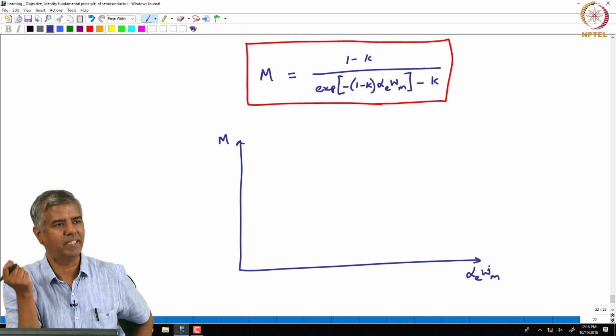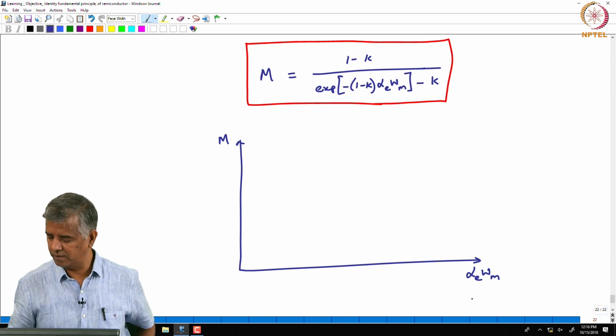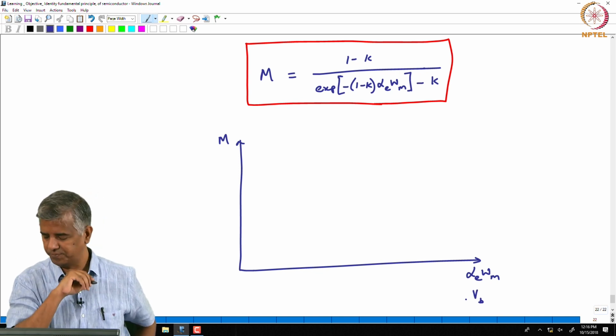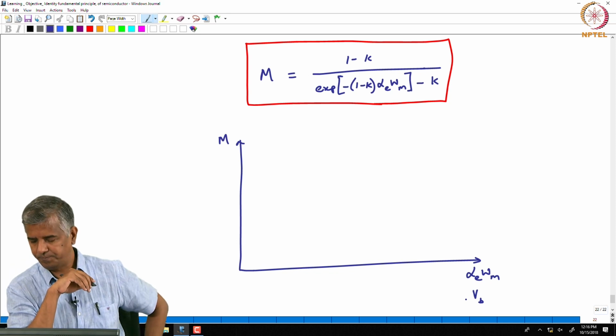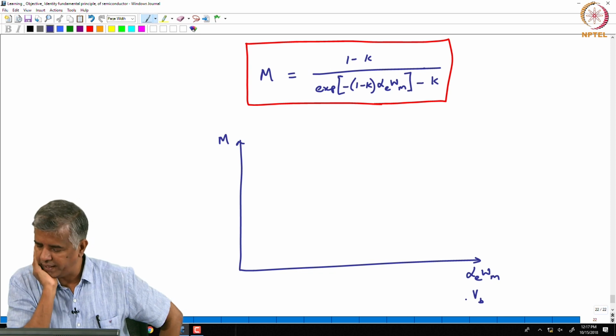So as I increase my reverse bias voltage, I can increase alpha e. So I can as well plot this as a function of my bias voltage. If I plot this function, what do I get?